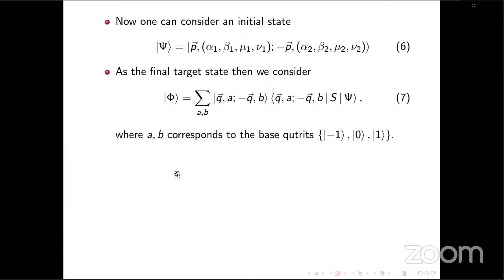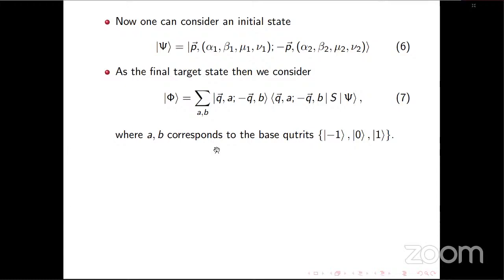Here, A, B correspond to the isospin basis. The important point to note here is that I have taken a particular momentum. So this Q is not equal to P, it's some other Q, a particular momentum configuration. So it's not exactly a projection onto the total two particle state, rather it's a projection on the isospin sector of a two particle state for a particular momentum configuration. That's an important point to notice.